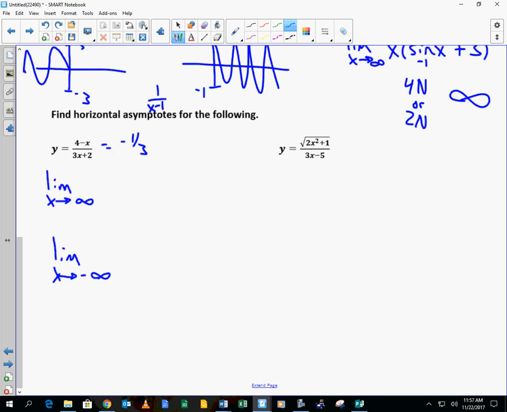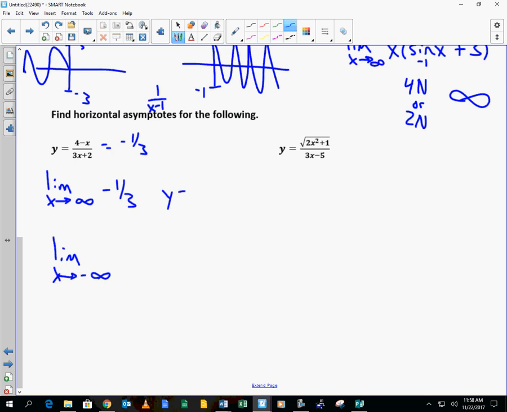If I go towards positive infinity, am I going to get a positive or negative result up top? Negative. And if I put a positive infinity in the bottom, I will get a positive. So I end up with a negative result, right? A negative over a positive, so we do get negative 1/3, okay?